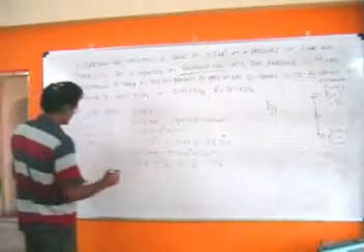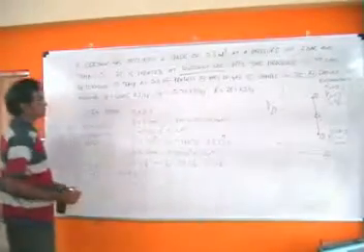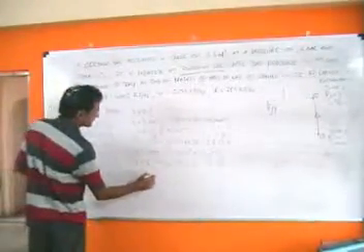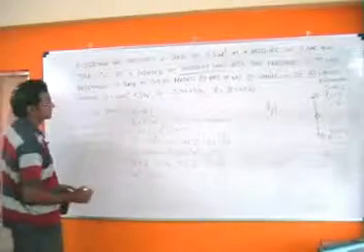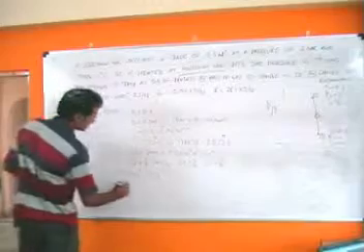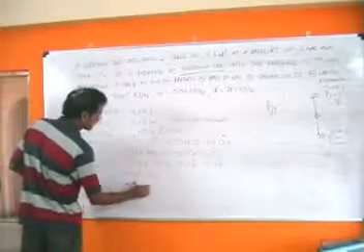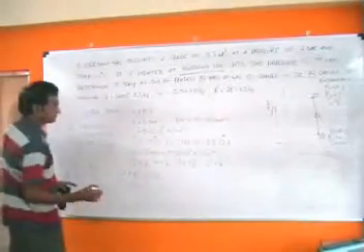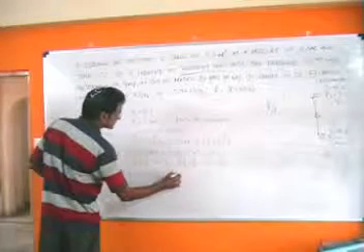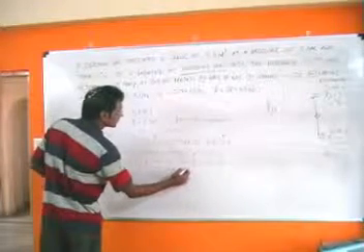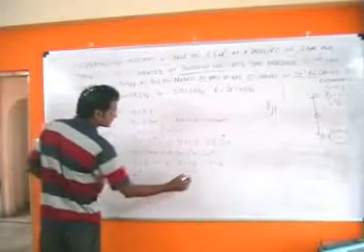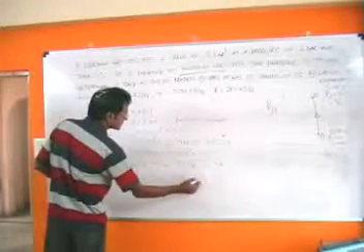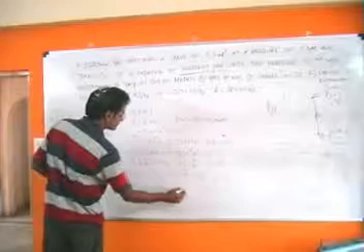Into V1, which should be in meter cube, 0.3, divided by T1, which is given to us as 350 degree Kelvin, equals P2, given to us as 0.7 into 10 to the power of 6 Newton per meter square, and the value of V2 remains constant, and the value of T2 we need to find out.